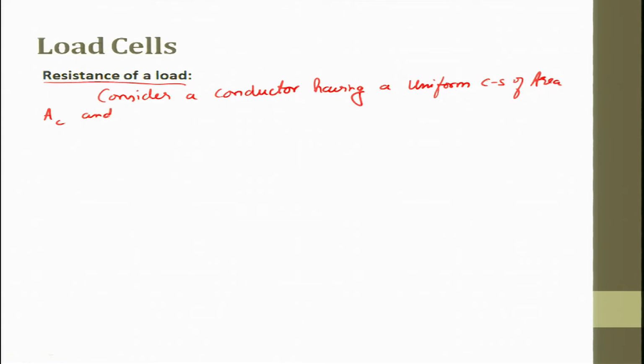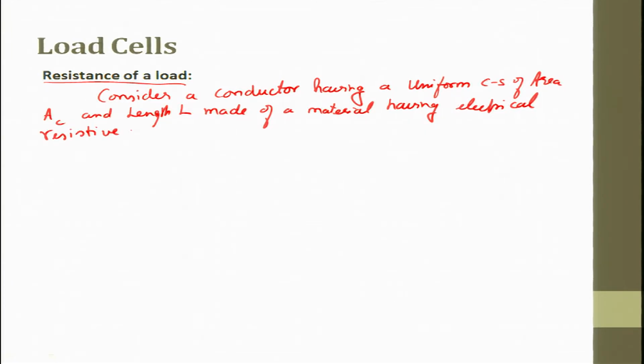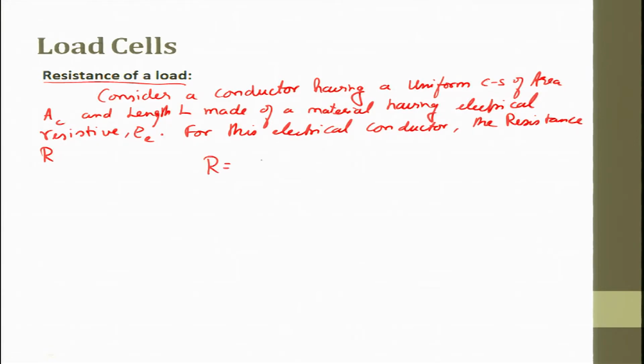And length L, made of a material having electrical resistivity rho E. For this conductor, the resistance R is given by R equal to rho E L by AC.